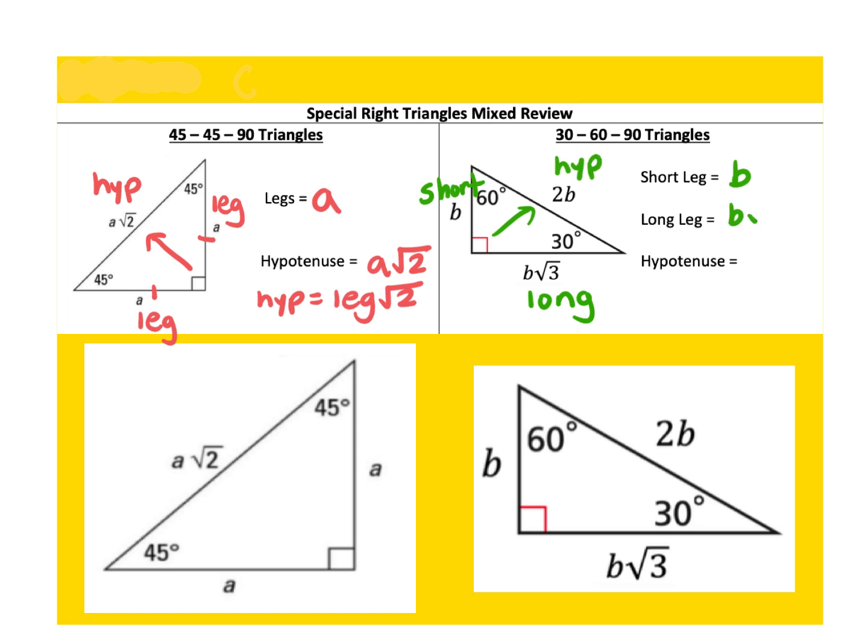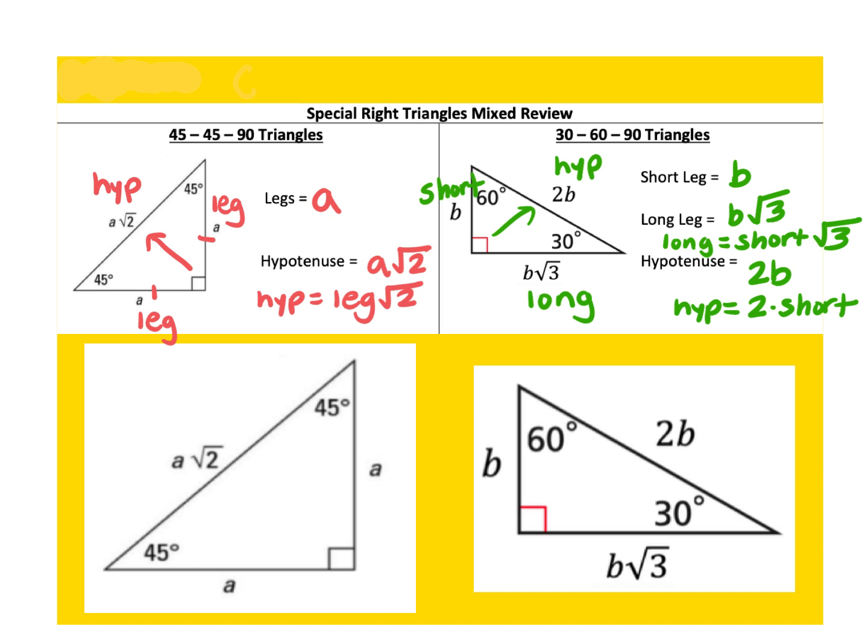Well, the long leg is going to be the short leg times the square root of 3. So I usually write it as long equals short root 3. And then the hypotenuse is twice the short leg. So hypotenuse equals 2 times short. So make sure you have those formulas written down in your note packet.